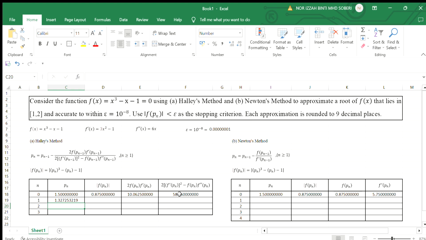Just enter. And since we use Excel, we don't have to calculate one by one, just drag everything.